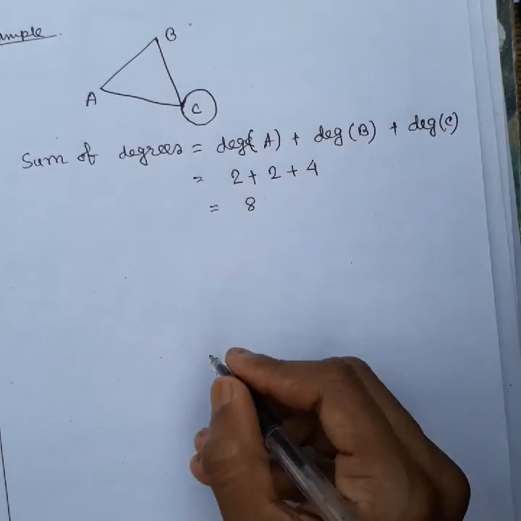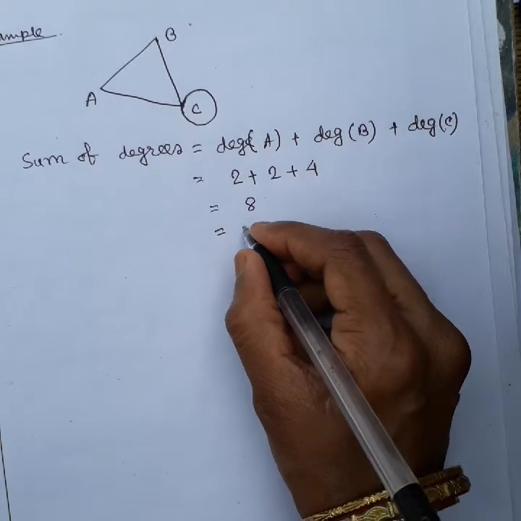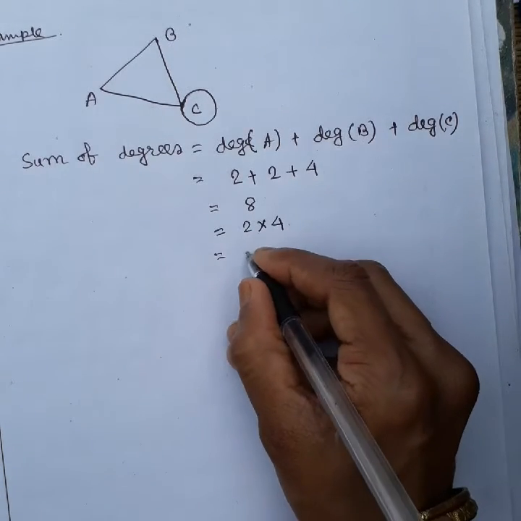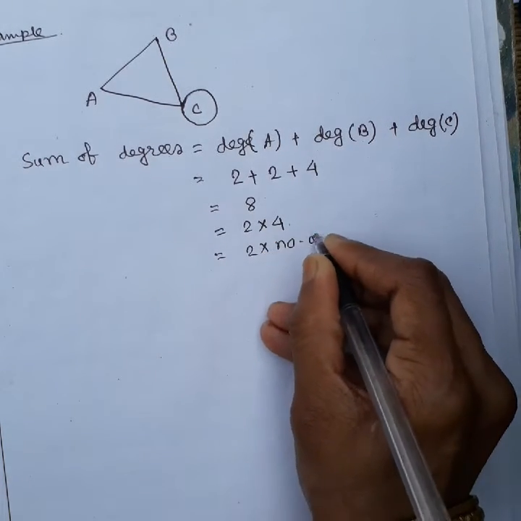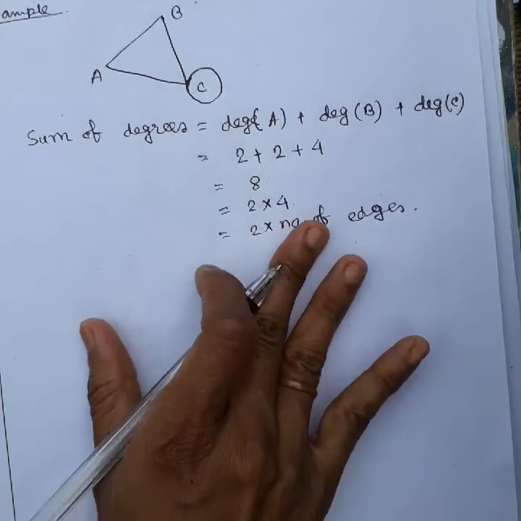That is equal to 8. And here the number of edges is 4. That means this is 2 into 4, so 2 into the number of edges.